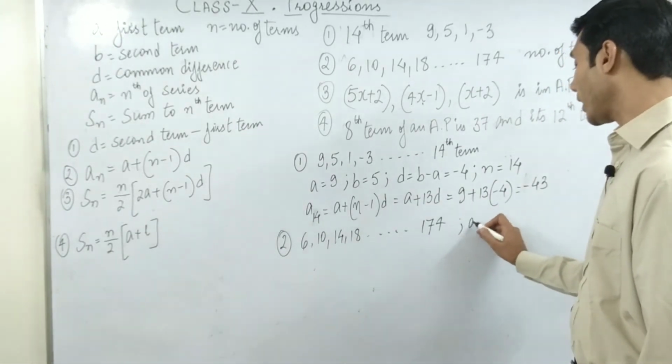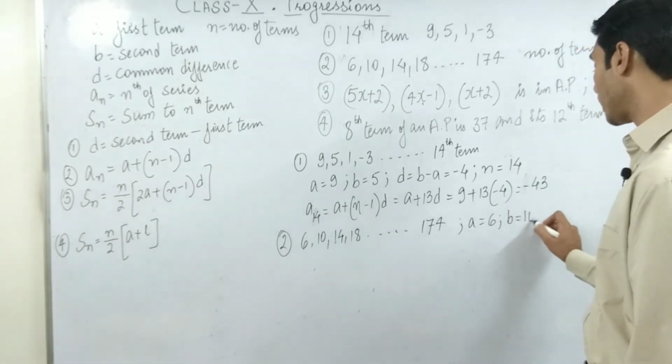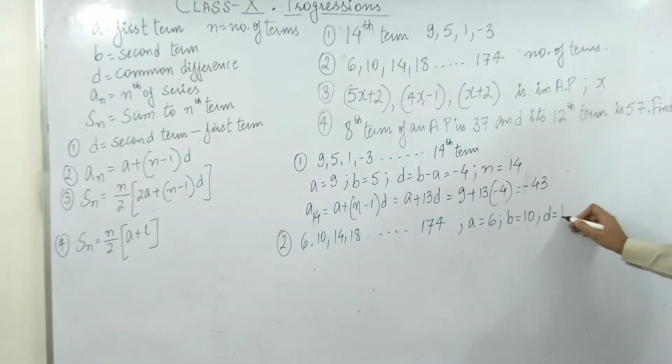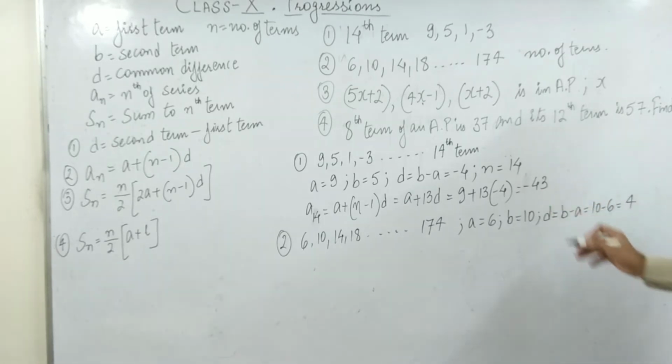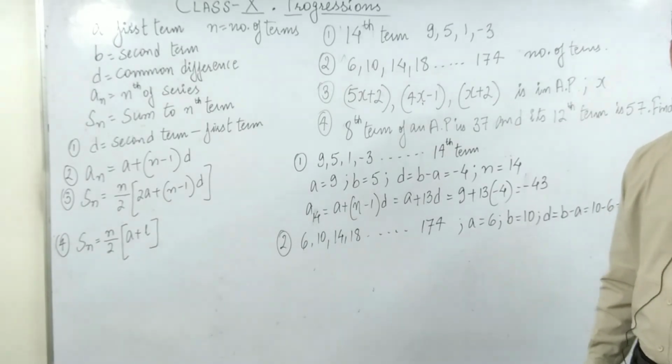A should be equal to 6, B should be equal to 10, D should be equal to 10 minus 6, that is b minus a, which is 4. Then comes n, I don't know, so I'll put n as n because I do not know. And the last term is 174, so let it be like that.